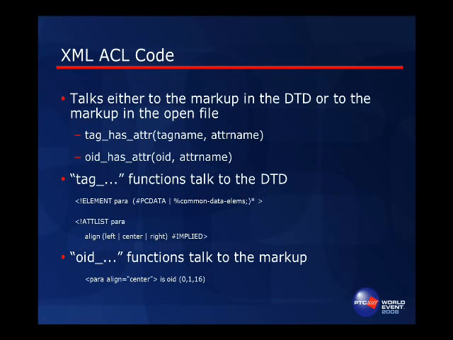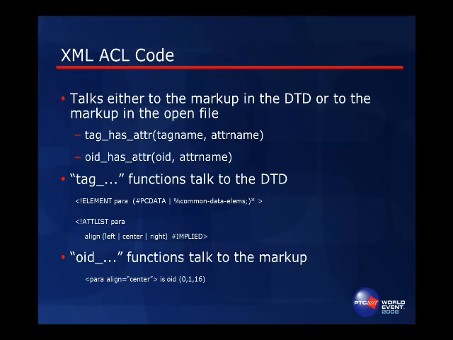XML ACL code. So basically, ACL is great for talking to XML, but there's basically two kinds of things you can do with XML in your ACL code. You can either find out things about the actual content model in the DTD itself, or you can find out things about the open file, or change things in the open file.